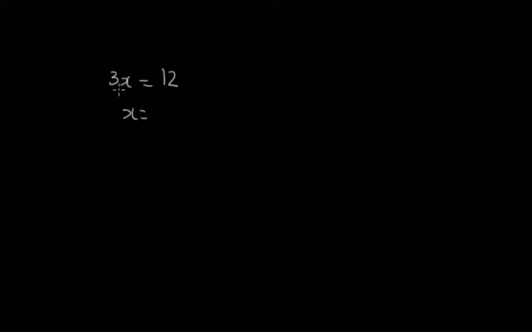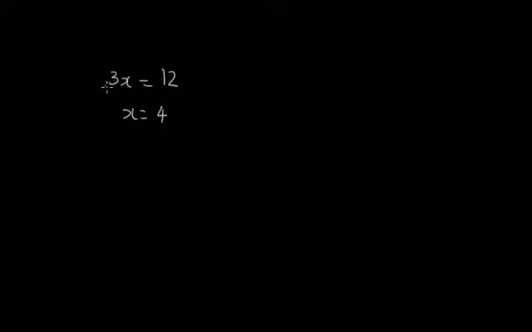We want to have x on its own. Divide both sides by 3. That would be 4. Now, when we come to solve a simple equation, we're trying to find out what the value of x is. And to do that, we need to get x on its own.